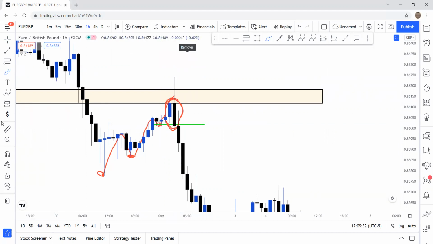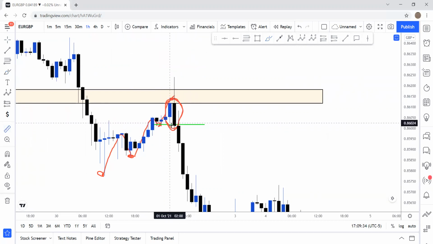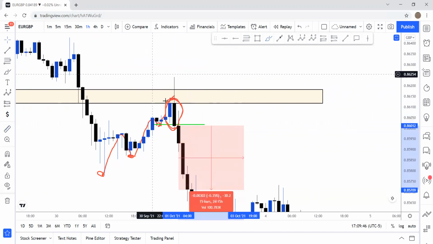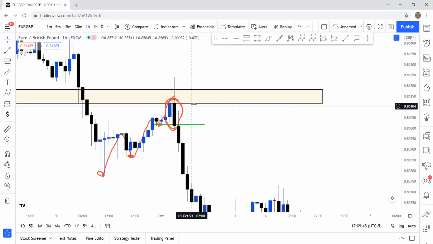It broke that structure. That means it broke that low and created a lower low, right? So that would be a confirmation for me to enter and take this trade. This is an example of using an engulfing candle and incorporating structure and the candlestick pattern, a reversal candlestick pattern, to enter.